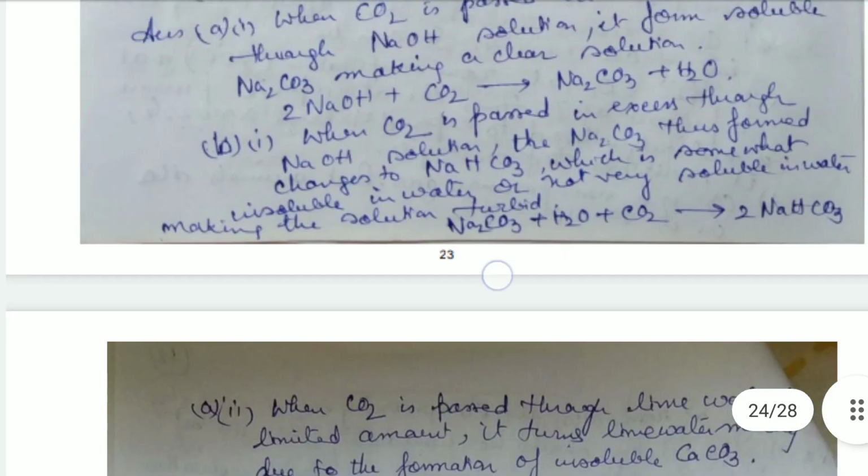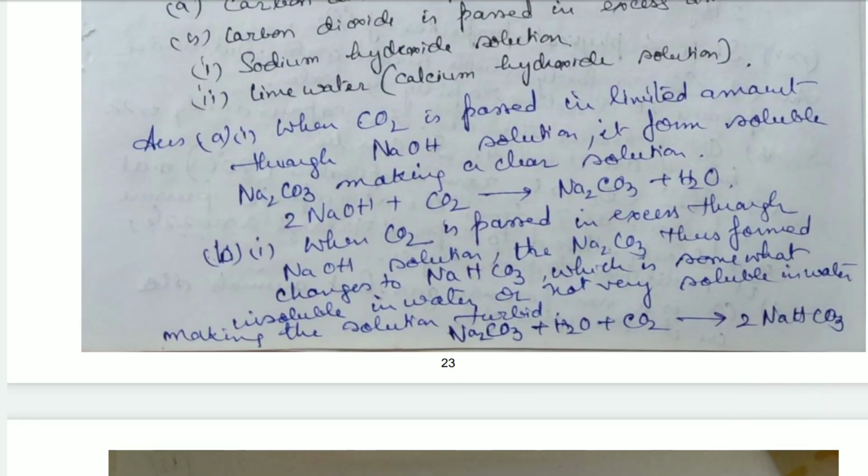Now when carbon dioxide is passed in excess through sodium hydroxide solution, the sodium carbonate thus formed will change into sodium hydrogen carbonate, which is not very soluble in water, and the solution will become turbid.